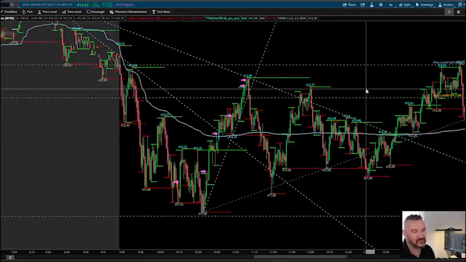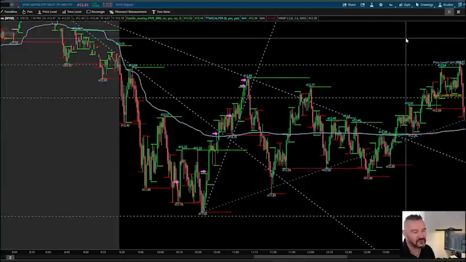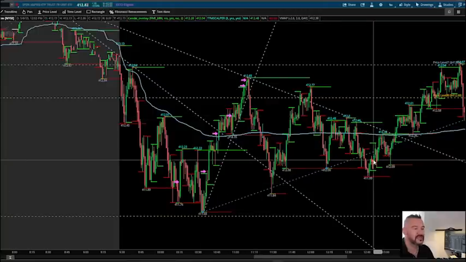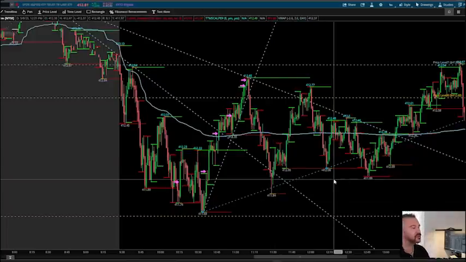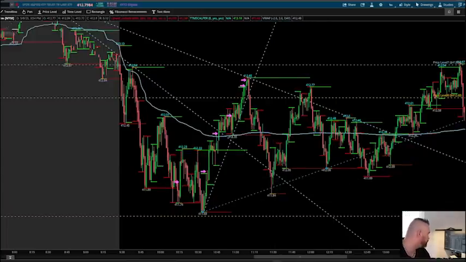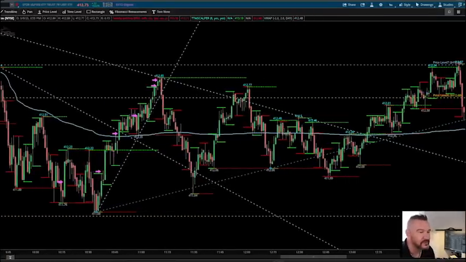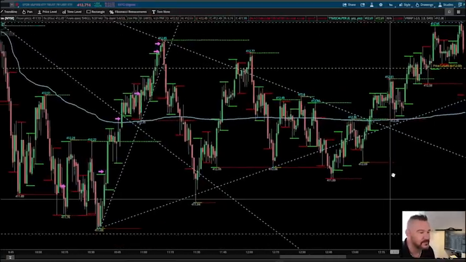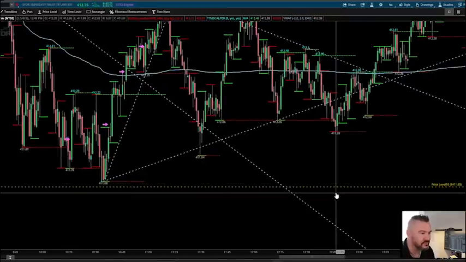Same thing, breakout, pullback, continue to the long side, because here we just have no idea where the market's heading. So my next trade was at 12:45.